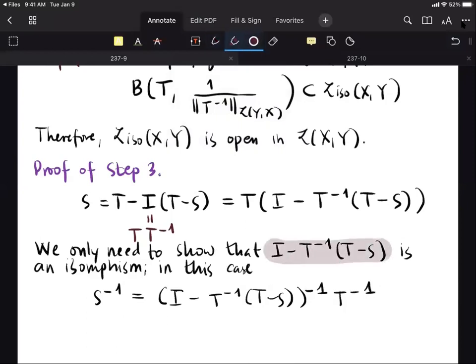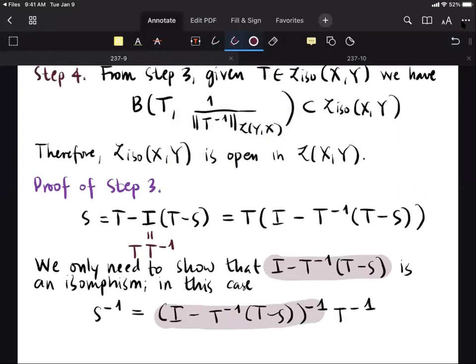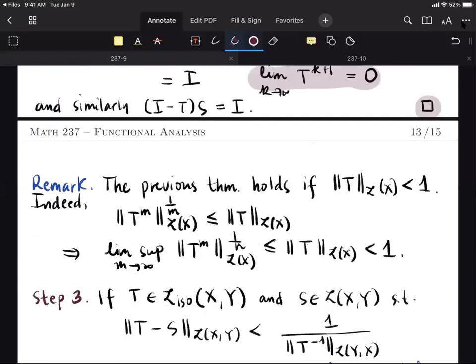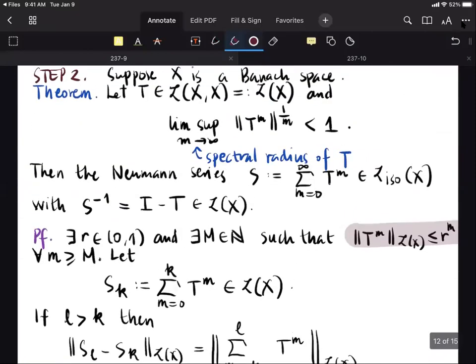So we only need to prove the invertibility of the second factor. And for this, take note that we have our previous theorem and the remark.